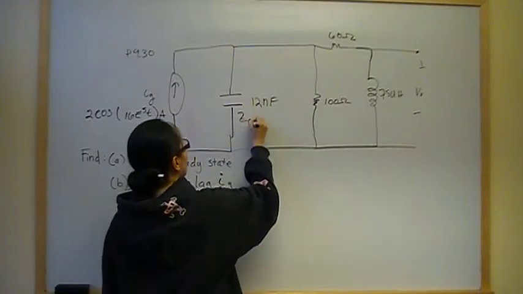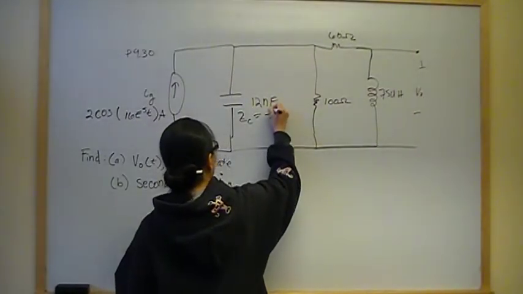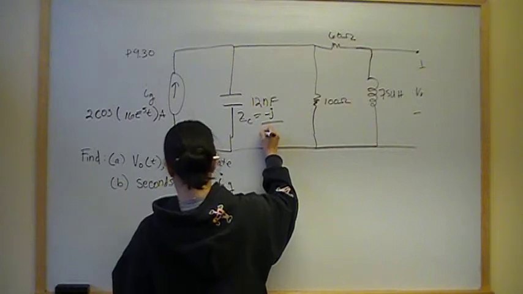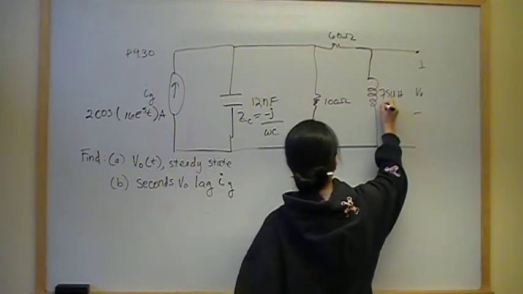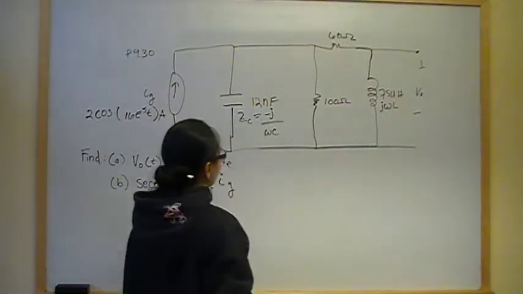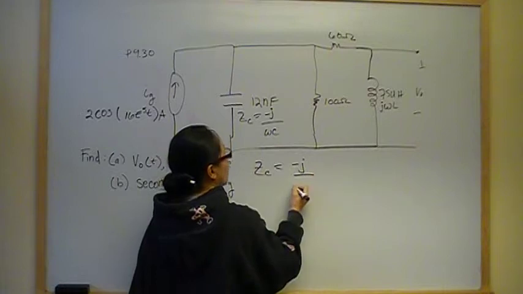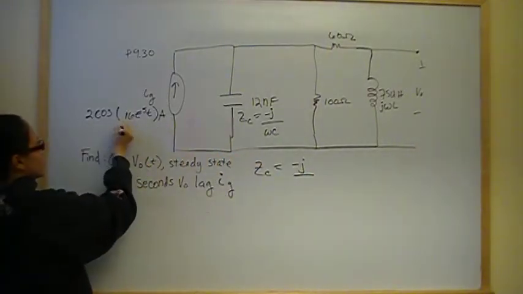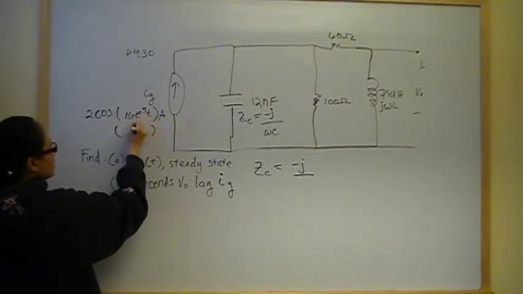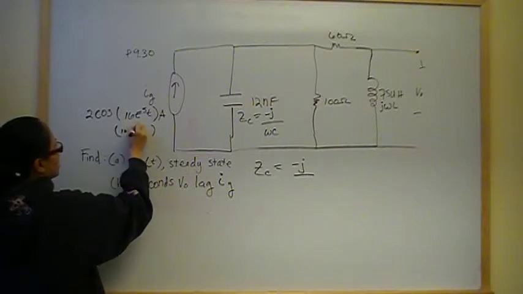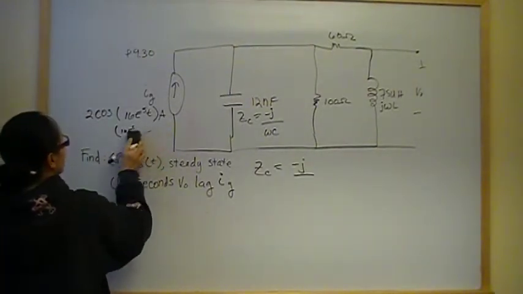The impedance for a capacitor, I can never remember, I always have to look this up, is negative J over omega C. And the impedance for an inductor is J omega L. Omega, the format of a sinusoid is cosine of omega T plus a phase shift.